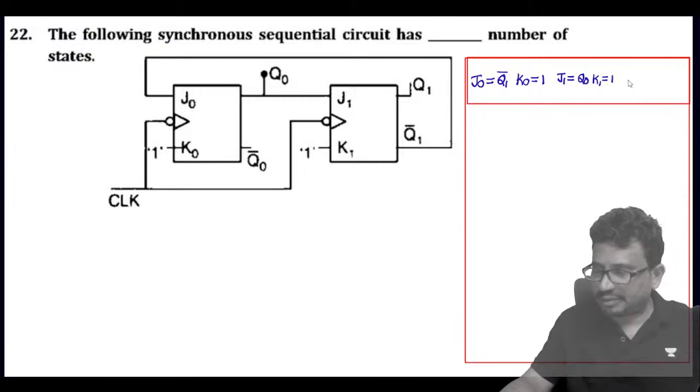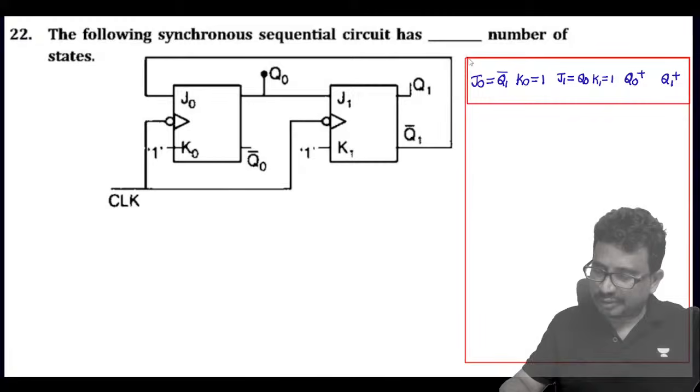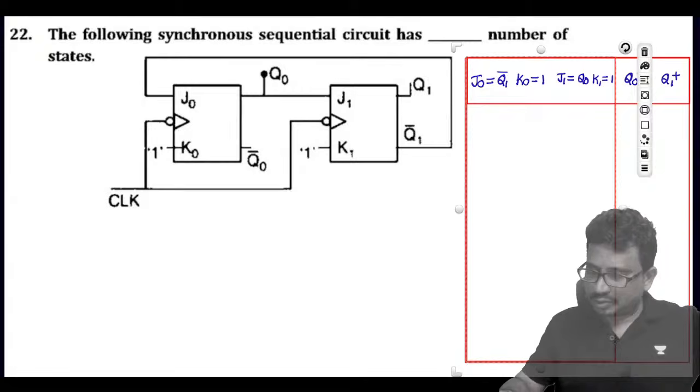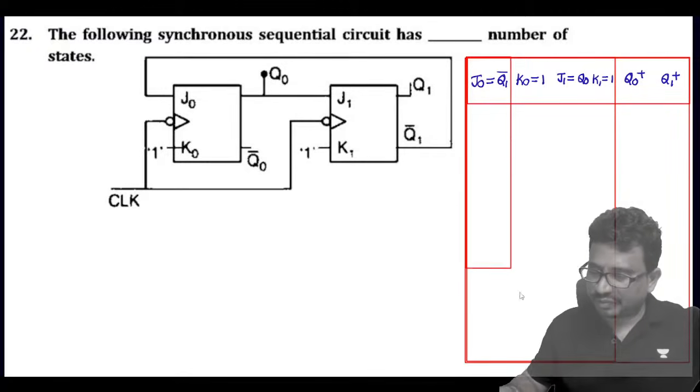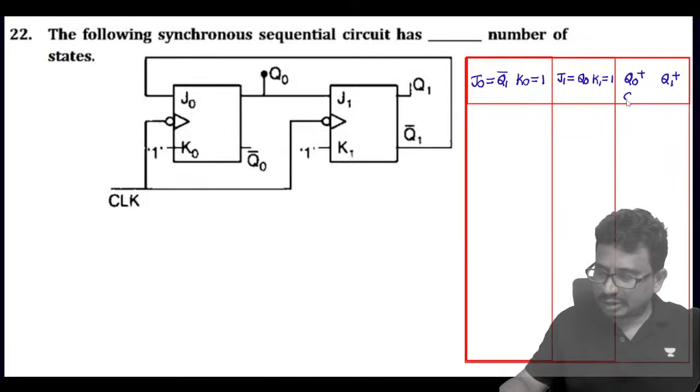So we have, and thereafter we have this as what? Here Q0 plus, and this is Q1 plus. Okay. So we need to find the mod number for it. So for the mod number, initially let us assume 0 0.